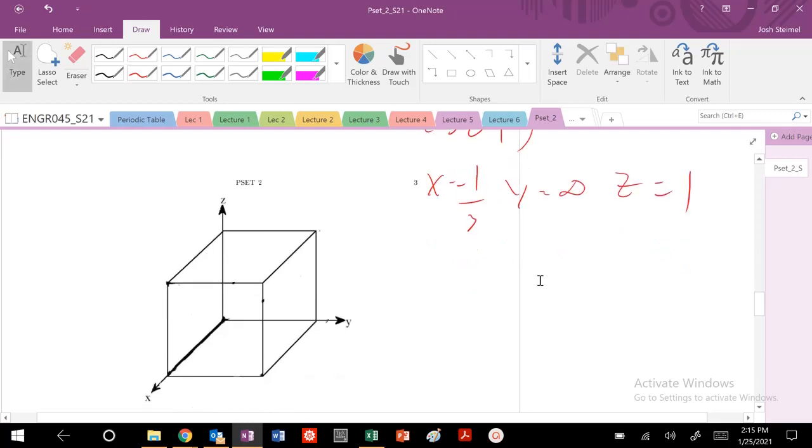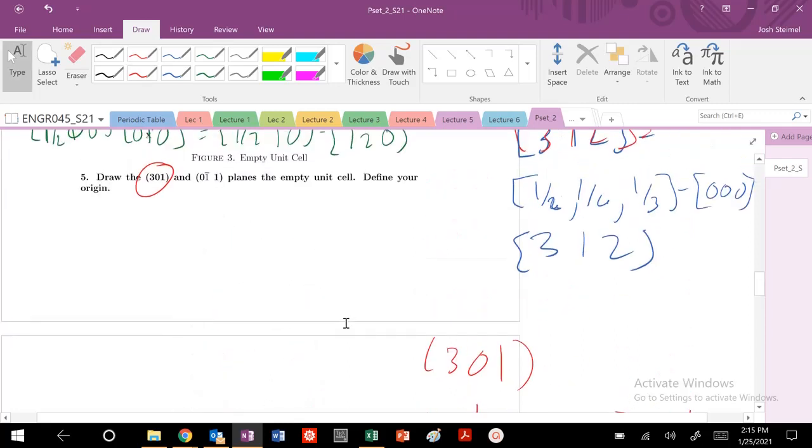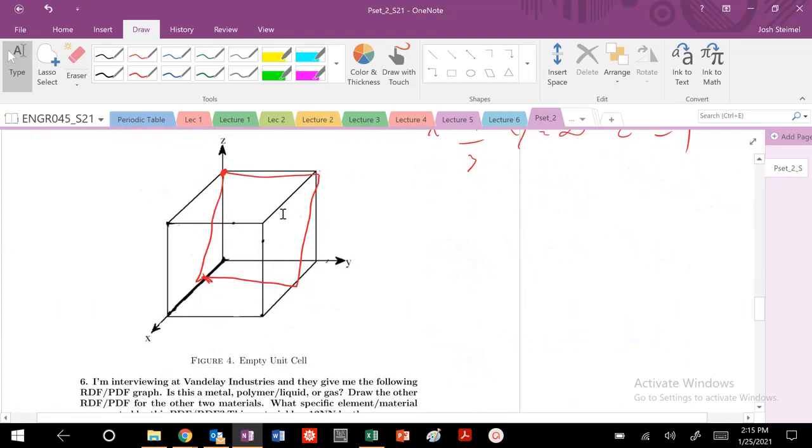I know it's going to intersect my z, parallel here. My x is going to be at 1/3 here. So I'm just going to draw this, this, and we're good. The next one is going to be 0, -1, 1: 0, 1/2, and 1.